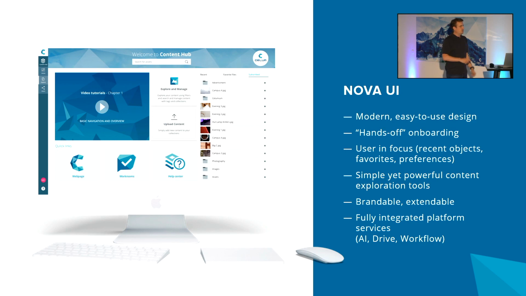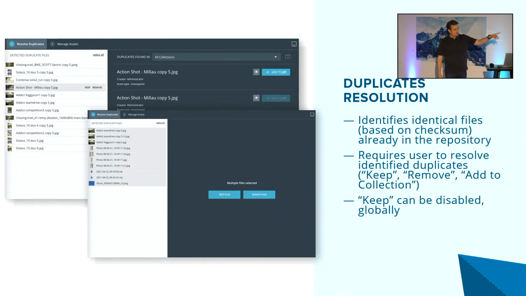Okay, most of what we're going to see here, we're going to have in the demo anyway, but just a short summary. Of course, we have, again, duplicate resolution, so there's a check on existing binaries in the repository, right? So that this helps you keep the repository clean of duplicates, and thereby also the content more relevant to your users.